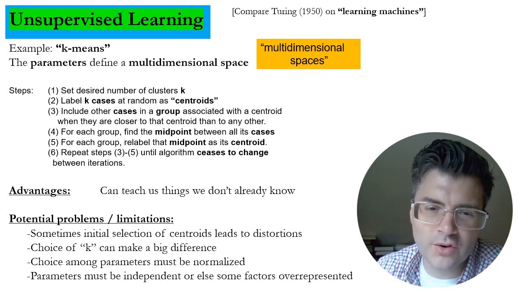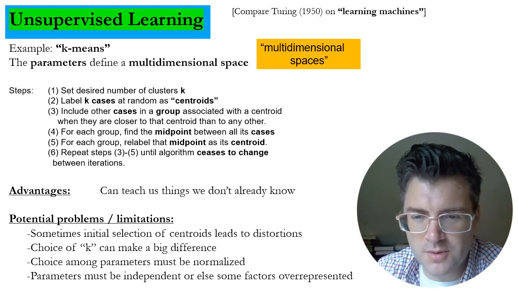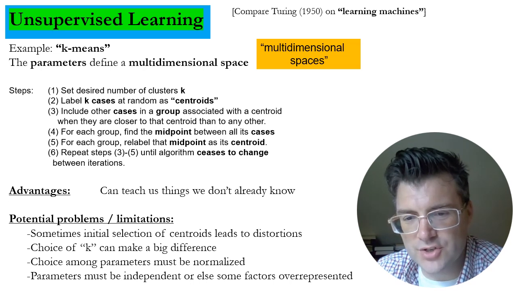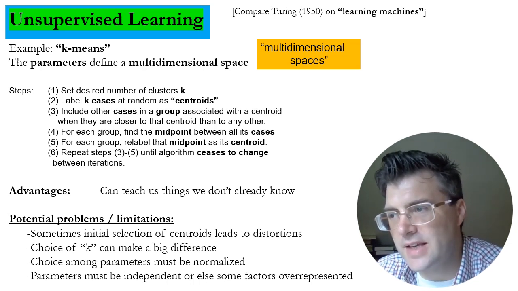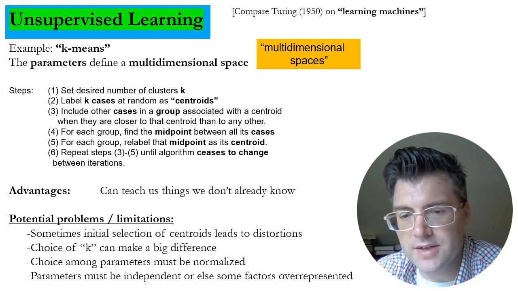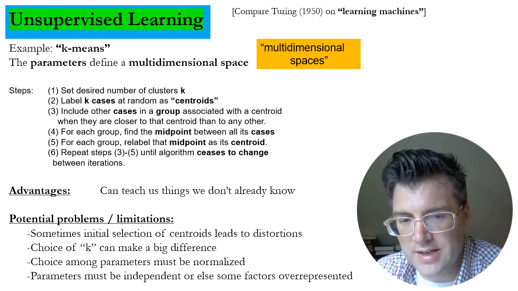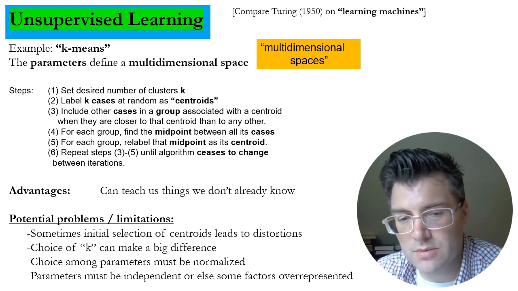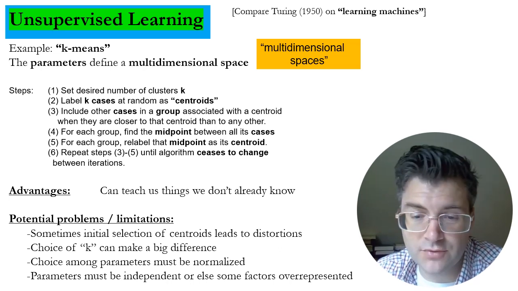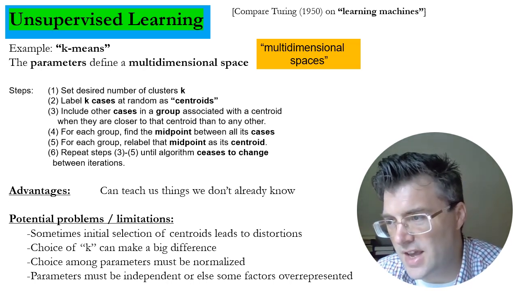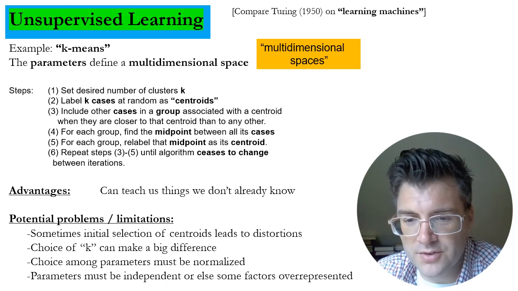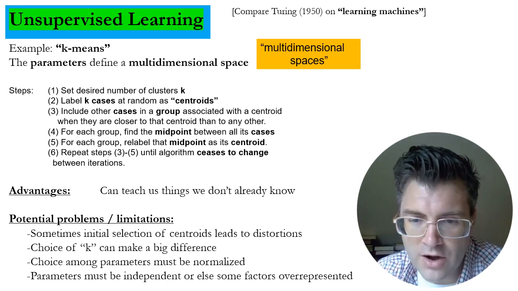But there are a couple of potential problems that need to be paid attention to. So one is that the researcher, the one running the program, has to decide at the outset how many clusters they want the program to parse the data into. And that can be somewhat arbitrary, or that can make a big difference in the results that one sees. So normally what researchers do is they vary the number that they set k to, and they run the algorithm multiple times.